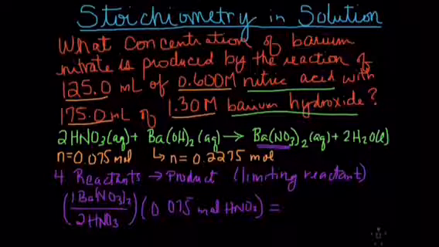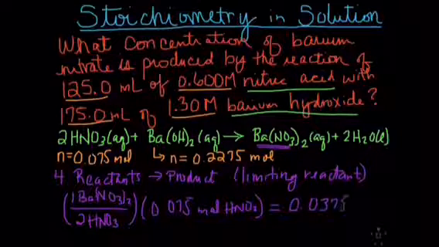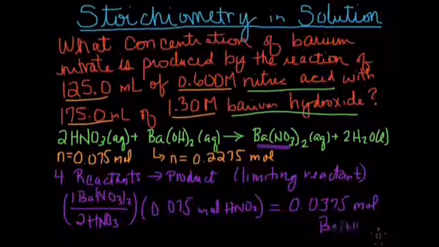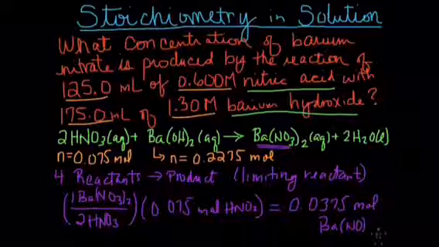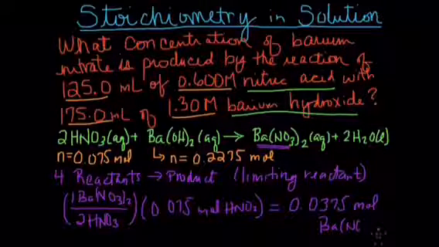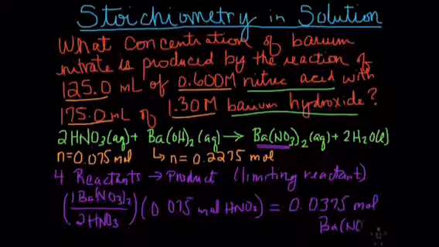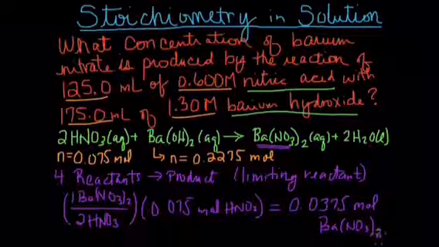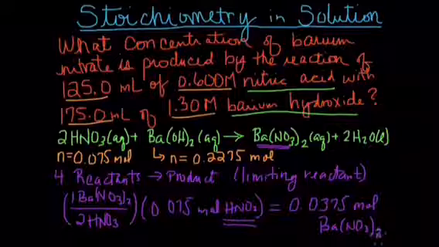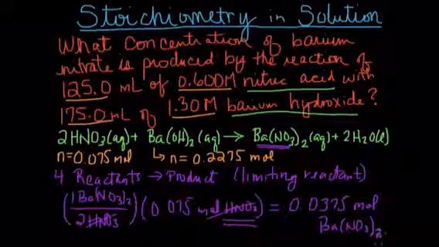So that means using up all of that HNO3 would give us 0.0375 moles of barium nitrate. So if we could make more than that from our barium hydroxide, we would know that the nitric acid is the one that's going to limit us. Okay, so again, I can cancel those out, so I get moles of barium nitrate.